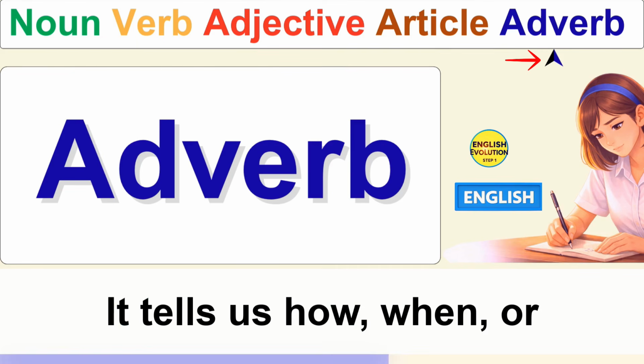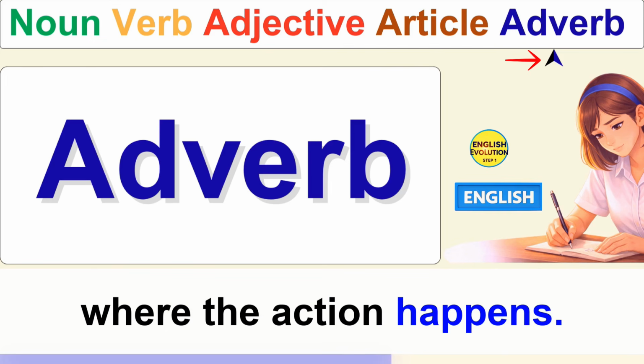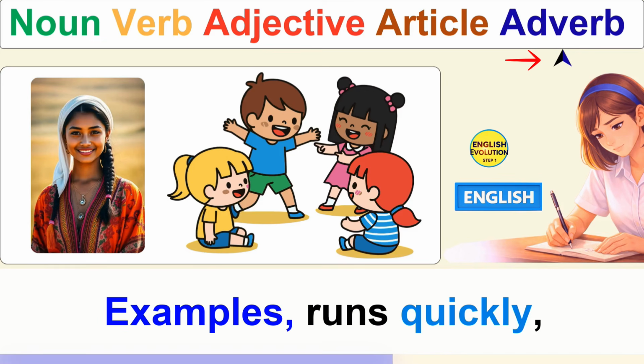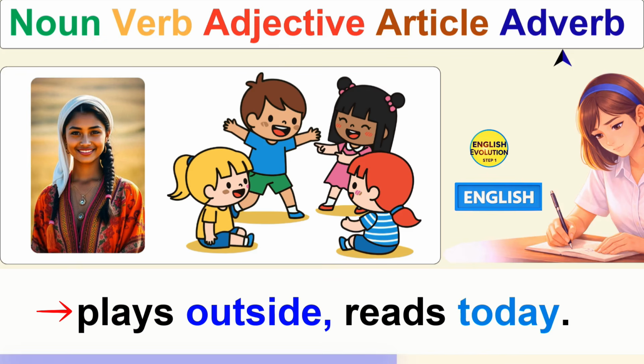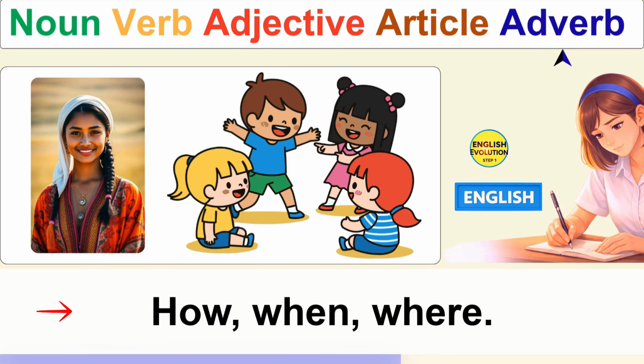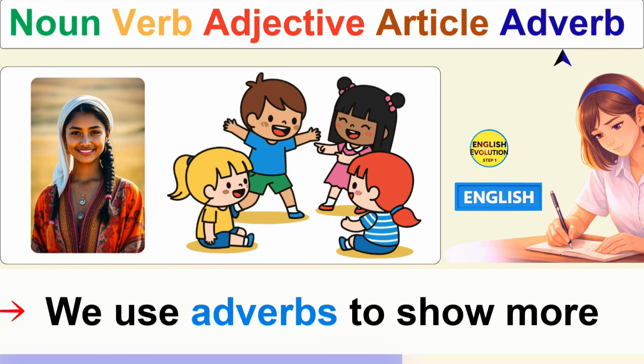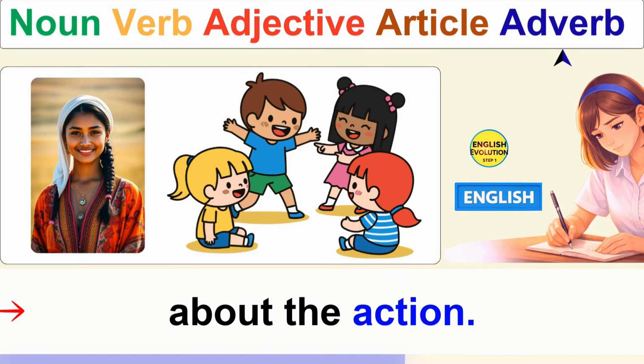It tells us how, when, or where the action happens. Examples: runs quickly, eats slowly, plays outside, reads today. How, when, where. We use adverbs to show more about the action.